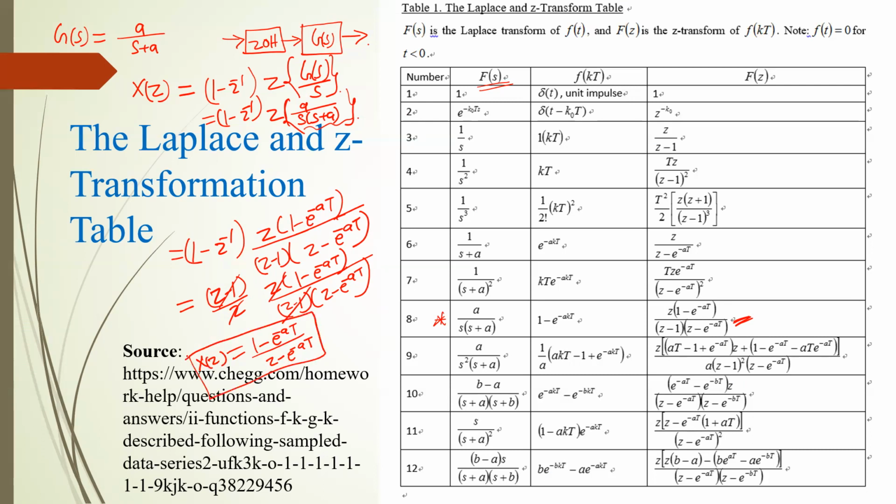So we can use the formula which is given here to find our direct discrete plant model. And this is very easy when we use our transformation table. Okay, so we can use the transformation table to quickly get our discrete plant model. If you do not like using this transformation table and you want to do the math by yourself, then you are free to do it, but at the end you should get the same answer.